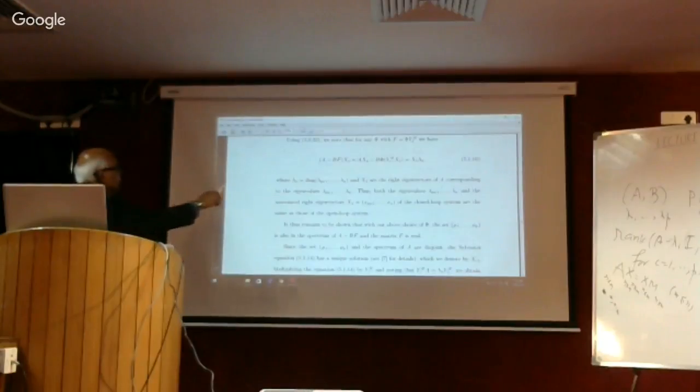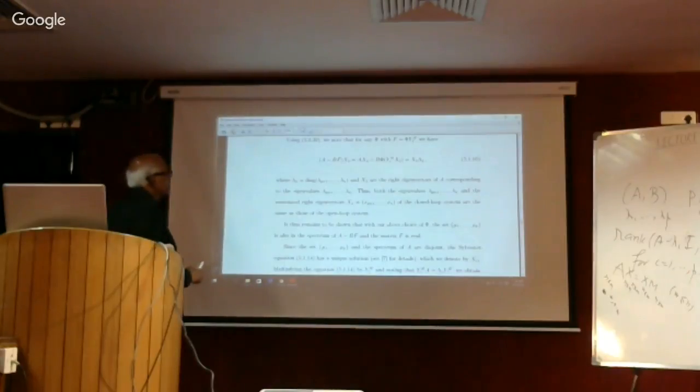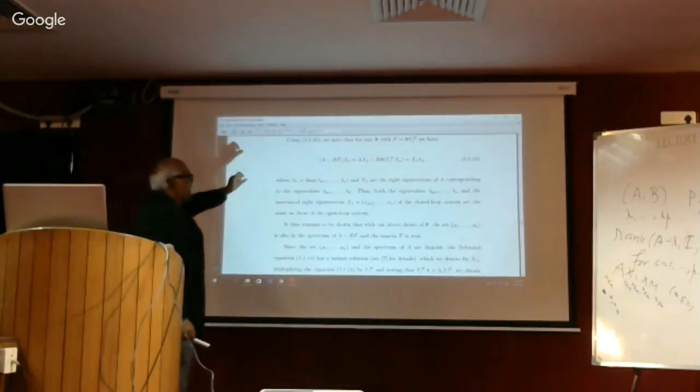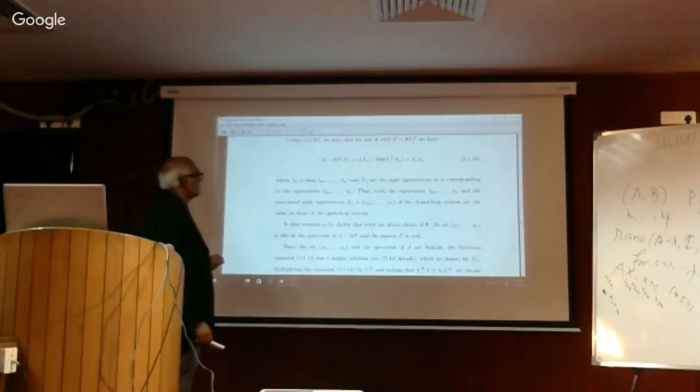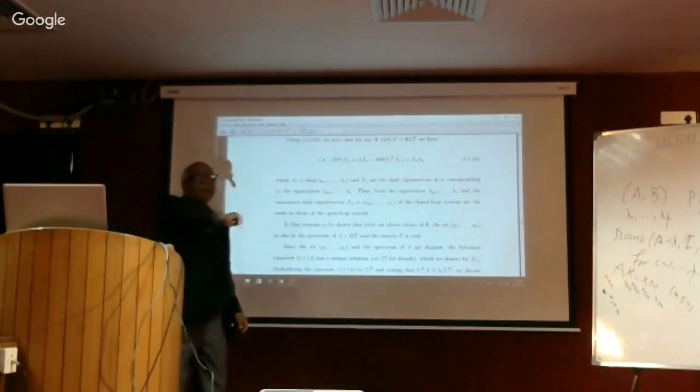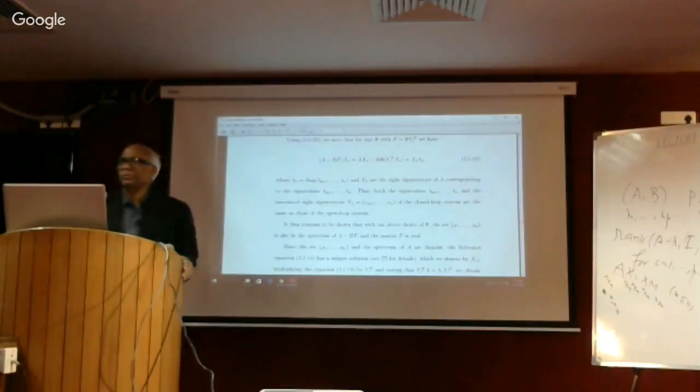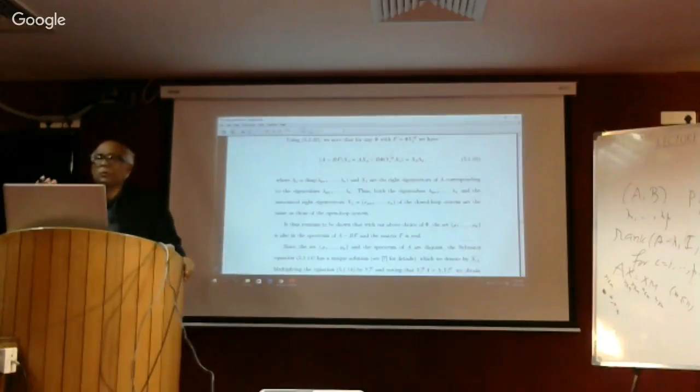So this actually means that our feedback matrix F has been computed in such a way that the n minus p eigenvalues of A minus BF are the same as those eigenvalues in lambda 2. That means those eigenvalues of A minus BF are lambda p plus 1 through lambda n.